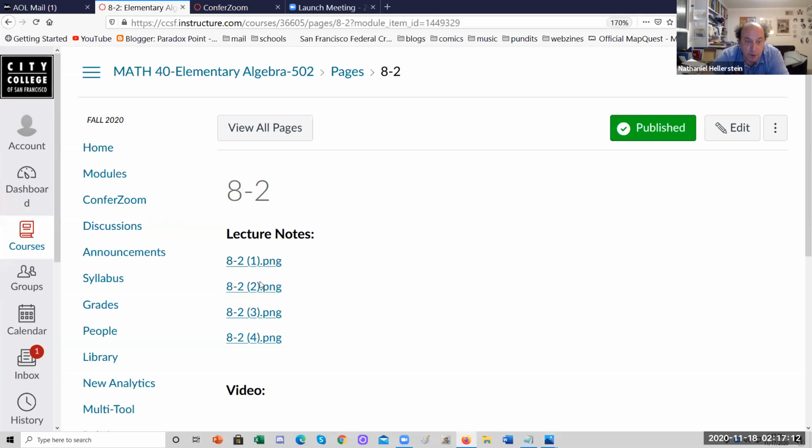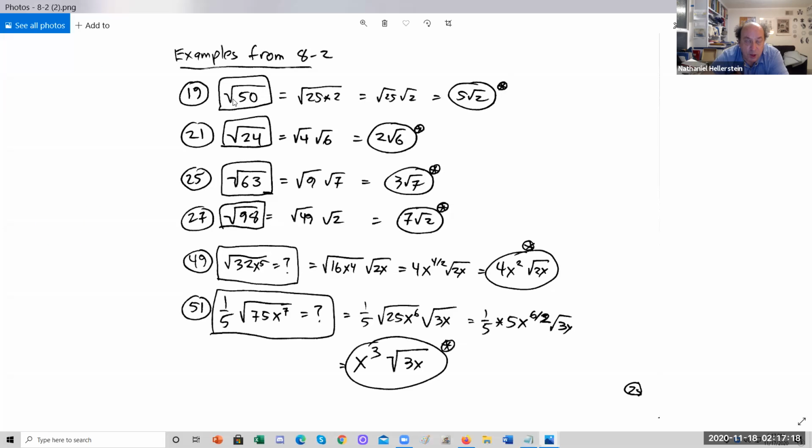So for example, square root of 50. The largest square factor of 50 is 25. So 50 is 25 times 2. So you break this into root 25 root 2, and root 25 is 5. So you get 5 root 2. Root 24, the largest square factor of 24 is 4 times 6.